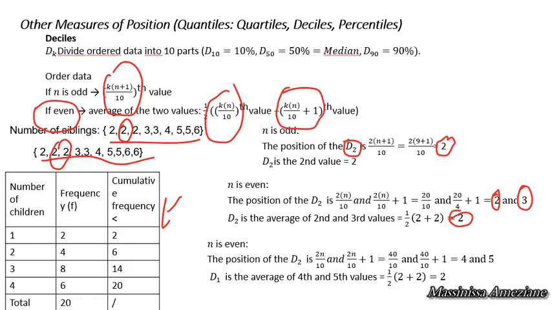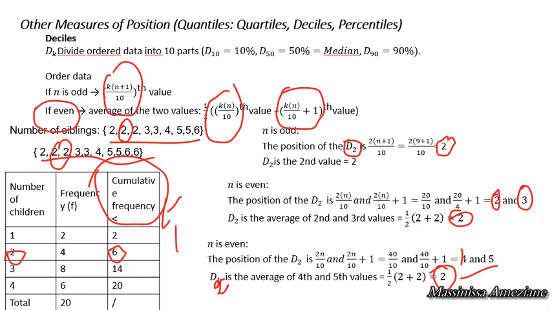Now, how to find the fourth and the fifth position here? Again, we use the cumulative frequency less than. We don't have 4 here, we don't have 5 here. So we take the next available value in cumulative frequency less than, which is 6. So the values of the fourth and fifth position are both 2, and their average is 2. So D2 here is 2.